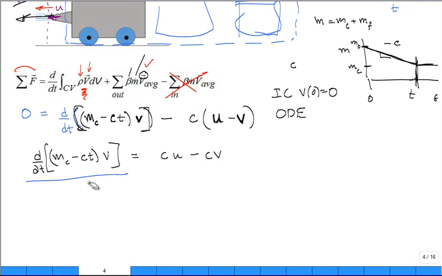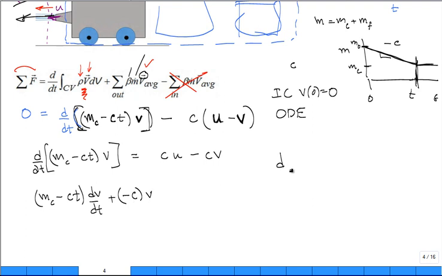What does that give us? Does it give us m sub c minus ct times dv dt plus negative c times v?